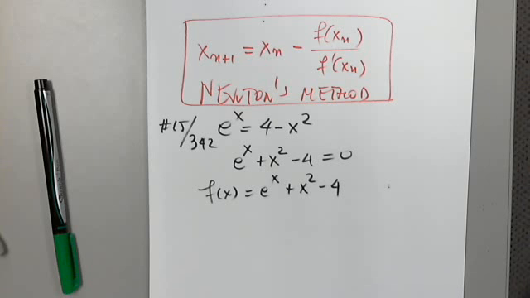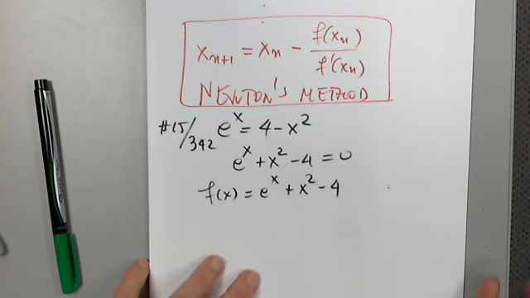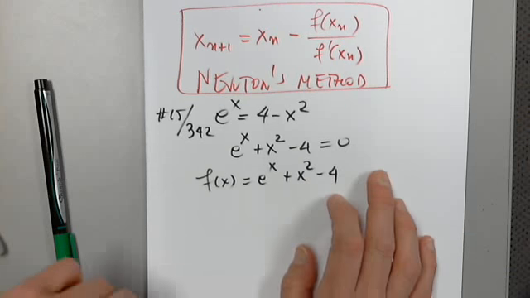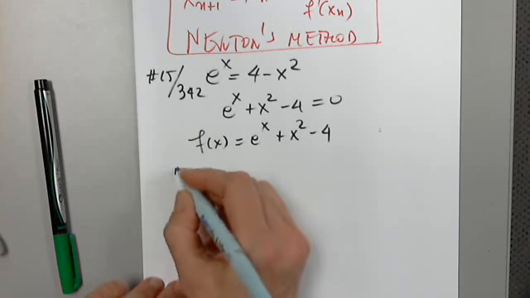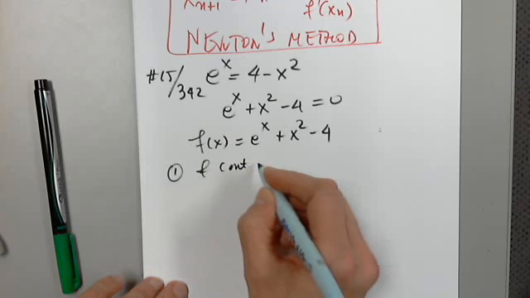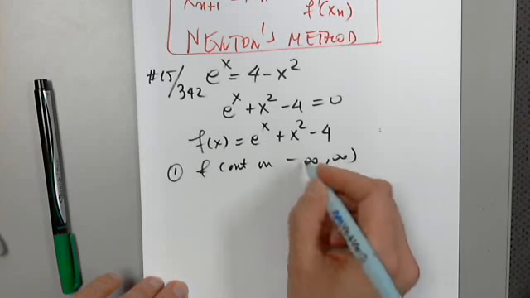Just remember, I only want one, because if you show me that you know how to determine one, I'm fine. So here we are given a function. We know it's continuous, no doubt: e to the x continuous everywhere, x squared continuous everywhere, negative 4 continuous everywhere. So I will say number 1, f continuous on all real numbers.